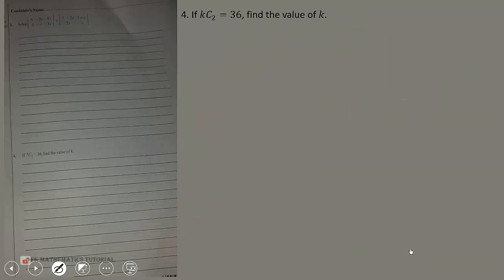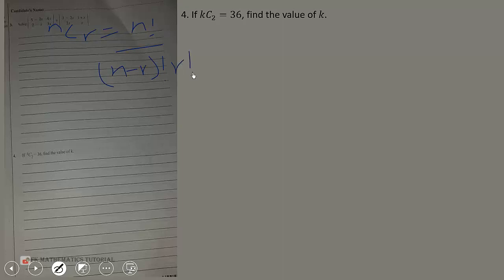Good. Question number 4. If k combination 2 is equal to 36, find the value of k. Okay, so k combination 2. Remember the factorial and the combination formula. Remember that n combination r is equal to n factorial over n minus r factorial, then we have r factorial.